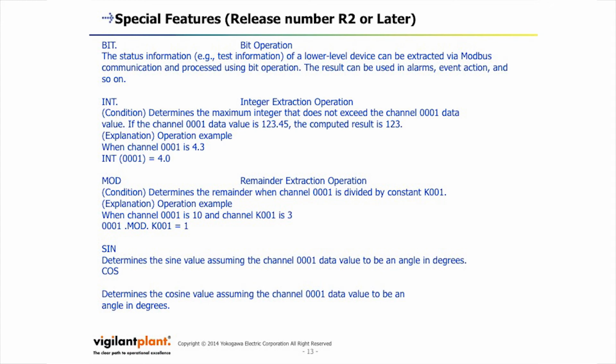It just returns the whole number or the integer of the number, so 123.45 just returns a result of 123. Then there's also a mod, which basically extracts the remainder. Again, these are used rarely. They do have some benefit, but not a whole lot of time are these readily used. Then, of course, the standard sine and cosine, just returning the sine of the angle or the cosine of the angle.